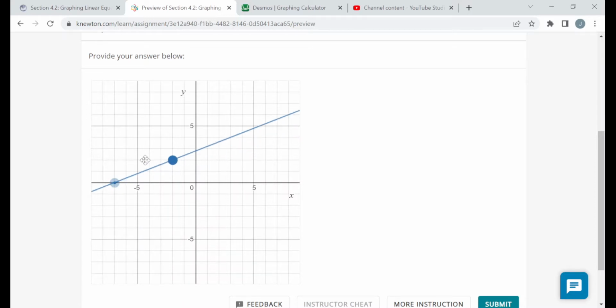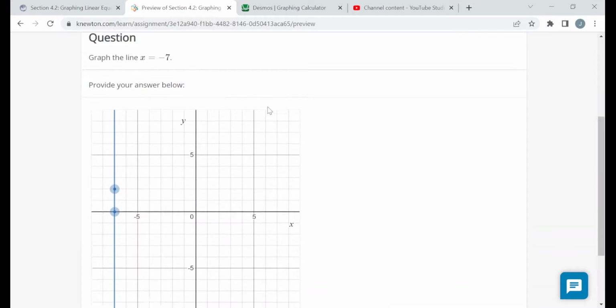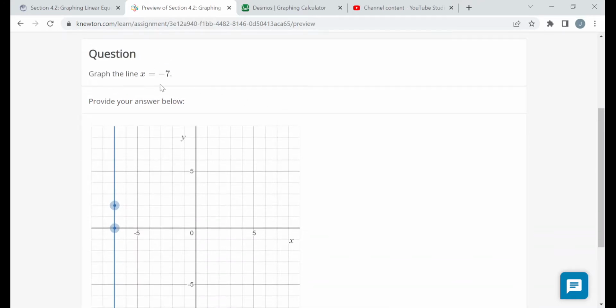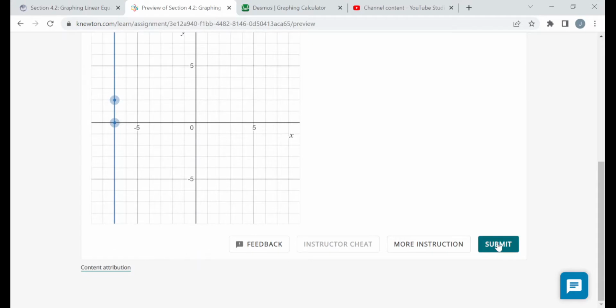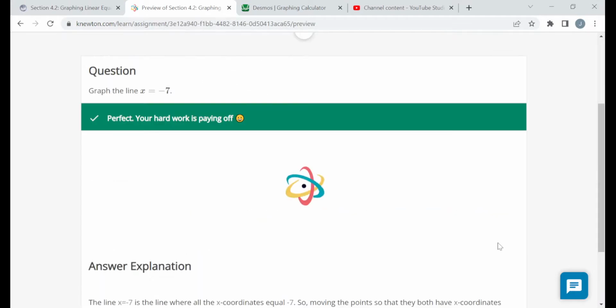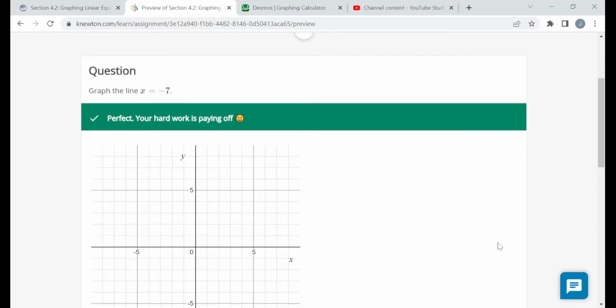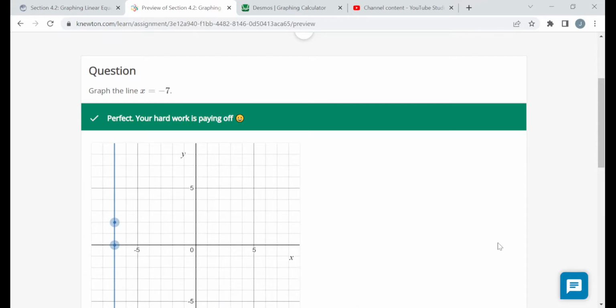I'm going to move this over to -7, 2. All right, -7, 0, -7, 1, -7, 2, -7, 3, -7, 4. Every single x coordinate is -7, as the equation states. It's a vertical line. I hope that's easy enough. Horizontal lines are just as simple, but the y coordinate's the same all the time.